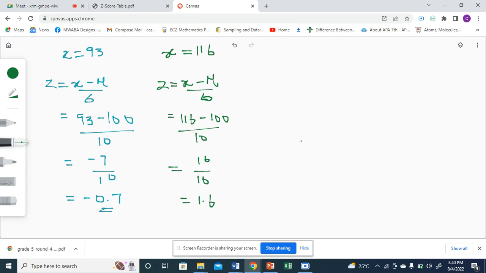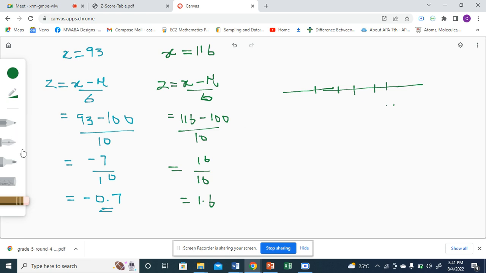And so on our standard normal distribution curve, we have 0 here. We have negative 0.7 somewhere here, and we have 1.6 somewhere here. Just put them in a presentable manner.